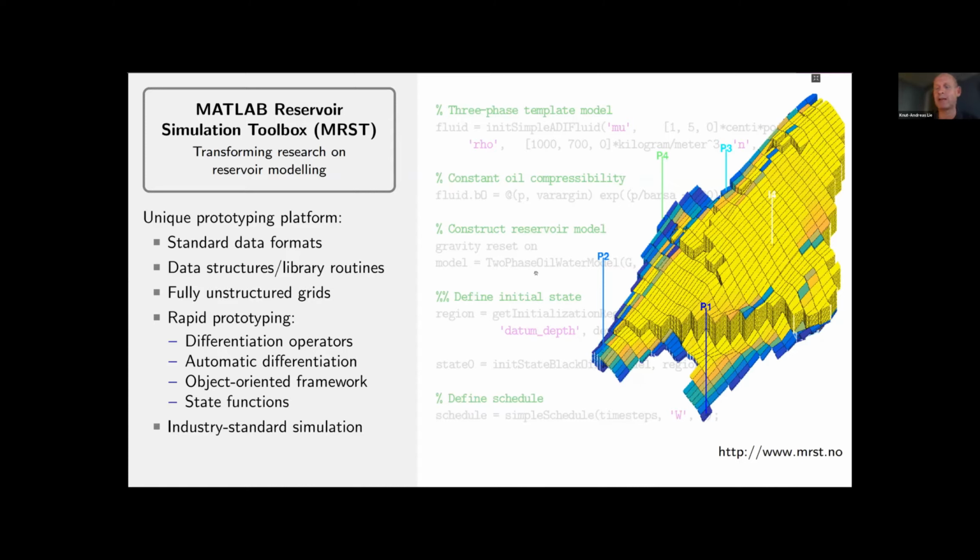This is for generality rather than performance. And over the years, we developed a number of tools that you can use in order to do rapid prototyping. And this is what the software is all about. It is primarily a research tool that enables you to test new ideas and work with models and so on.